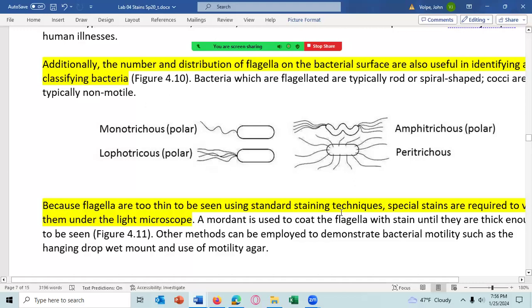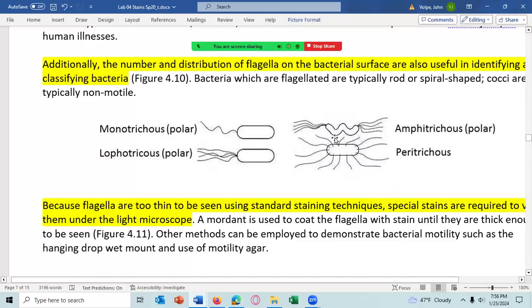And then there's amphitrichous flagella, and those are several flagella on both sides of the cell, but only at the tips of the cells. And then there's peritrichous flagella, and it is cells that have flagella everywhere.